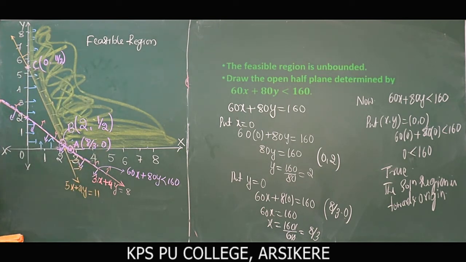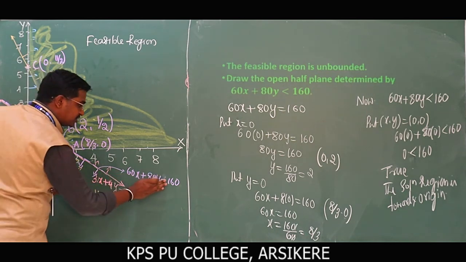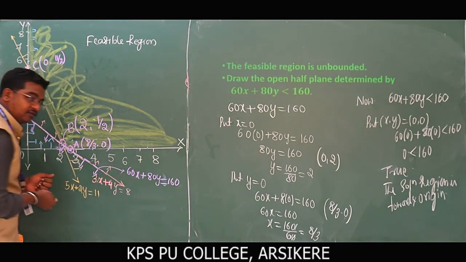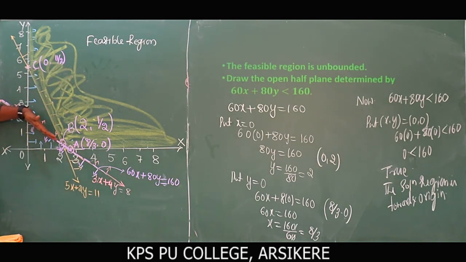So just observe here. We have the open half plane represented by the inequality 60x plus 80y less than 160, but here we have to write the equation is equal to 160. The corresponding solution region is towards the origin. And just observe the feasible region.